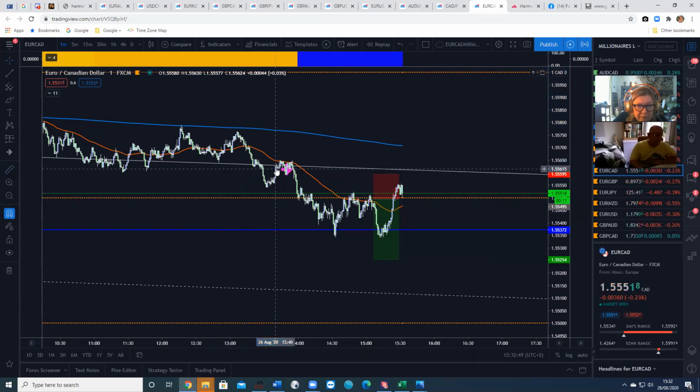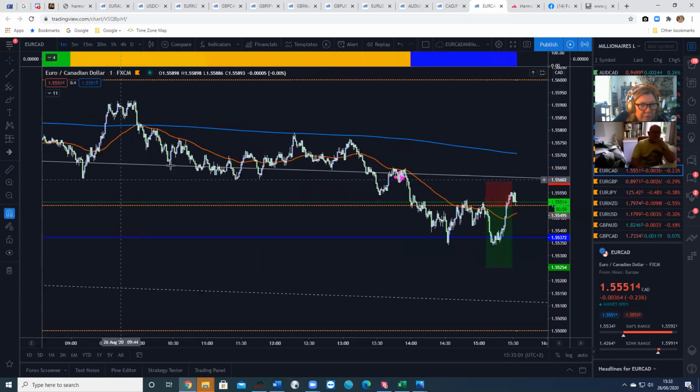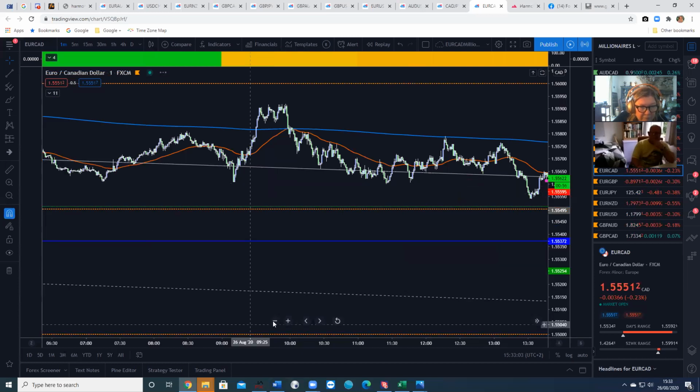Break and retest there. That's the hourly candle up here. And you've got the 62 has crossed below the blue. In fact, that happened quite some time ago.